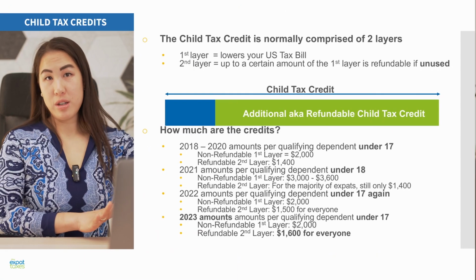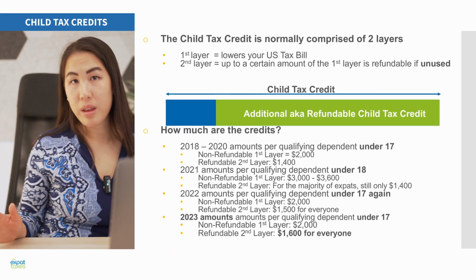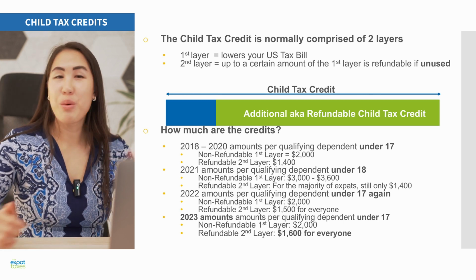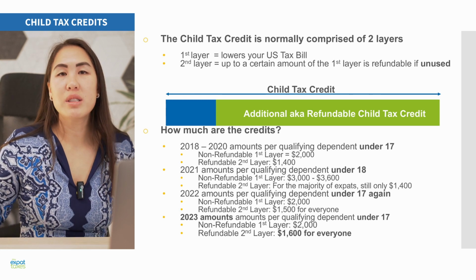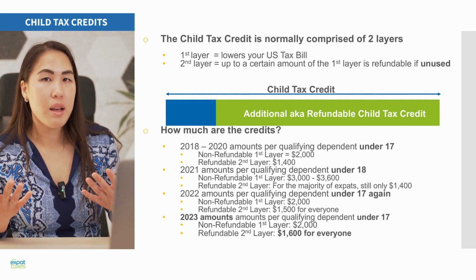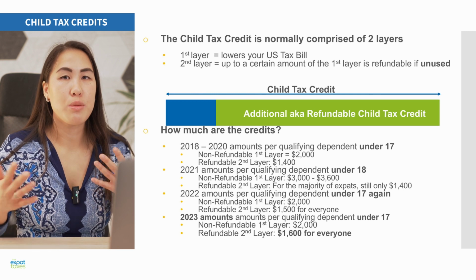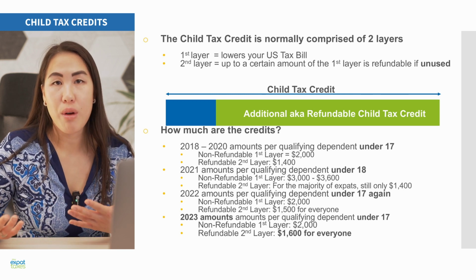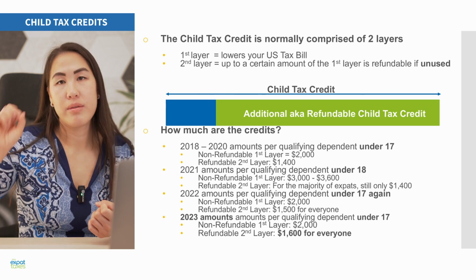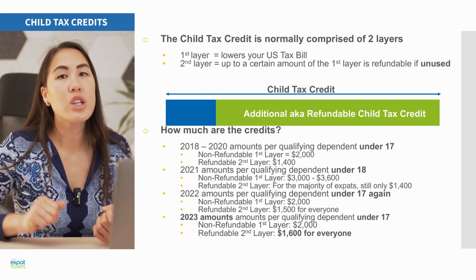So let's talk about the child tax credits. A lot of information on this slide, I know, but with tax, there's always a lot of information, isn't there? So we're gonna sift through it. So child tax credit is probably the most important thing for you to know in terms of a refund, right? Or potential credits on your tax return. And the child tax credit is comprised of 2 different layers, actually.